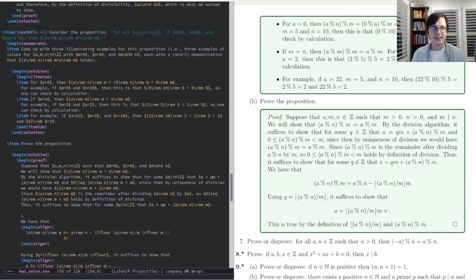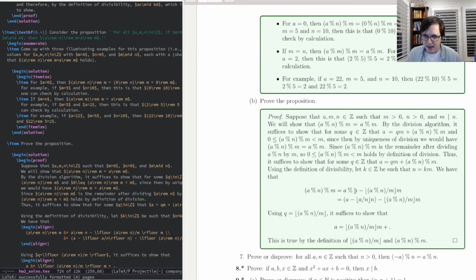So, using the definition of divisibility, let k be such that n equals km. So I want to get rid of that n. Okay, so again, using this idea, let's see, rewriting a divided by n, let's see.